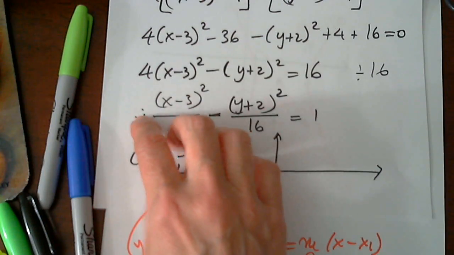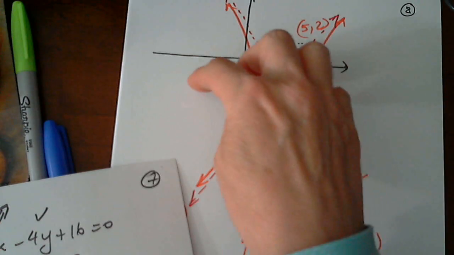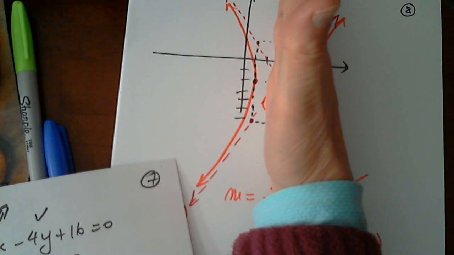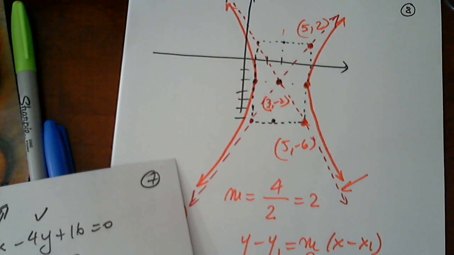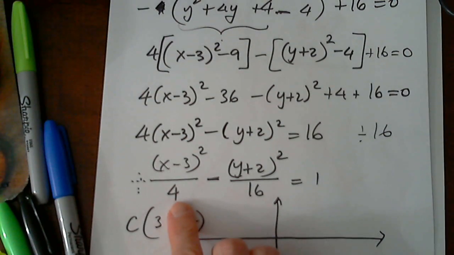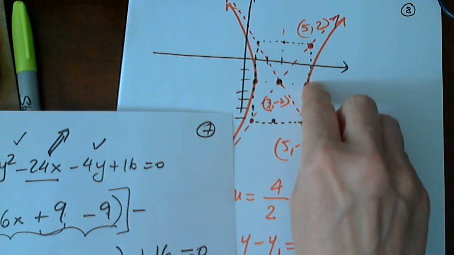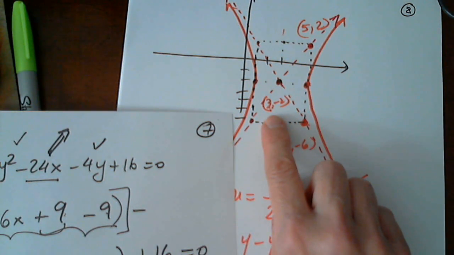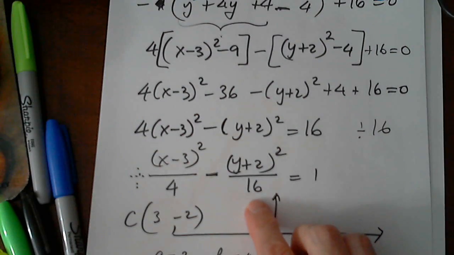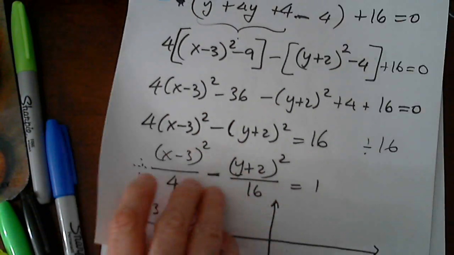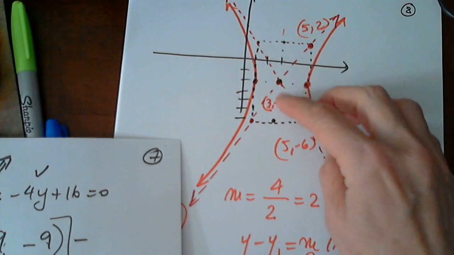If you have minus in front of x, the transverse axis will be vertical. I just want to clarify how you make the box. I found that A is 2, so 2 units to the left and 2 units to the right of the center. And then I found that B is 4 on the y-axis, 4 up, 4 down from the center.